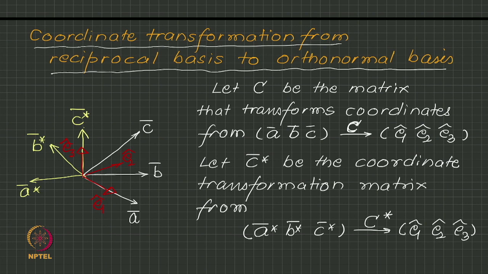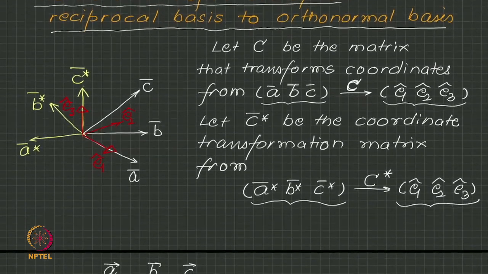If you have ABC as your given basis and you want to go into the Cartesian basis E1, E2, E3, you use the matrix C. Now, suppose you have the corresponding reciprocal basis A star, B star, C star. How can you go into the corresponding Cartesian basis? So, that will be the matrix C star.